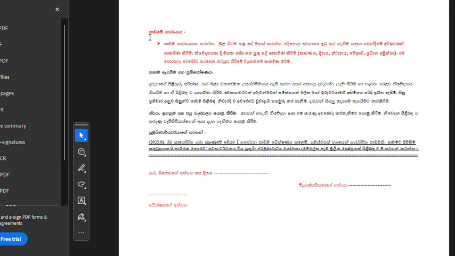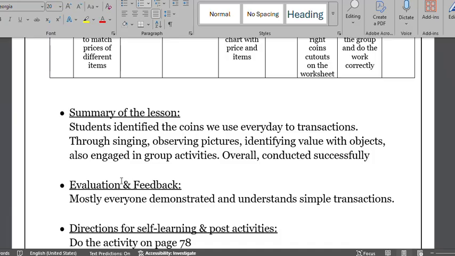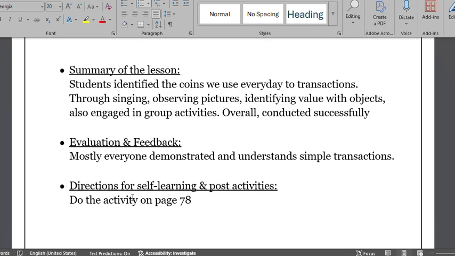They have mentioned padame saranshya, the summary of the lesson, and then evaluation and feedback. Another point is direction for self learning and post activities.